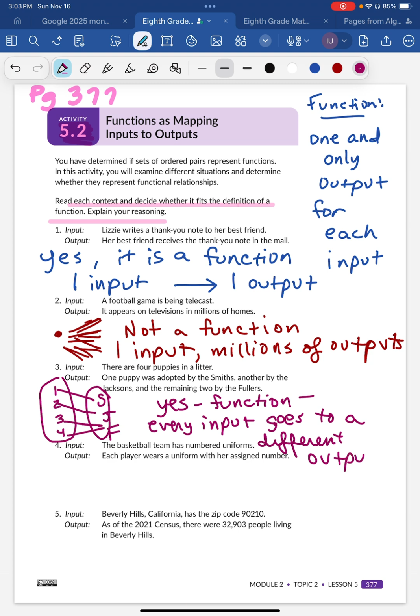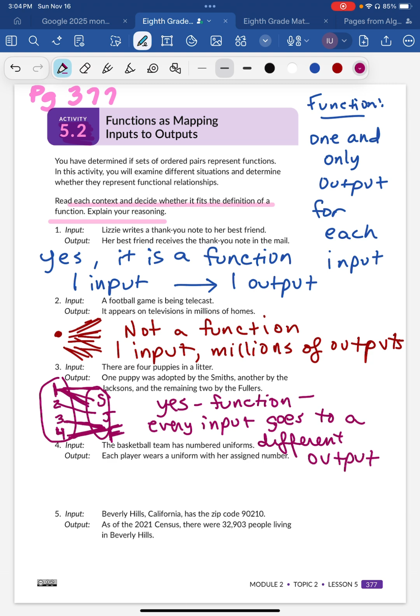Now, you may ask, but these 2 puppies both went to the same family. Yes, but that's still a function. This is an input and it has one output, the Fullers. This is a different input and it has an output of the Fullers. Now, this is horrible, but you can't take one puppy and cut it in half and give it to 2 families.